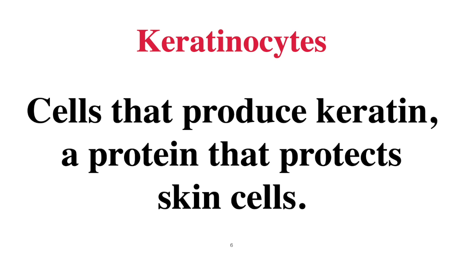Keratinocytes. Keratinocytes, cells that produce keratin, a protein that protects skin cells. You guys, keratinocytes are the predominant cells in the epidermis, which we mentioned not too long ago, making up about 90% of this outermost skin layer.